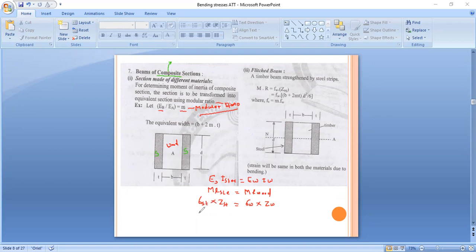Now we will keep the strength of material on one side and the section modulus on the other side. So sigma steel divided by sigma wood is equal to section modulus of wood divided by section modulus of steel. Section modulus of steel is nothing but modulus of elasticity into epsilon, strain.